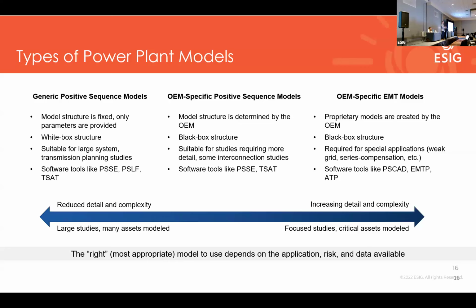It's a fixed product structure with a few switches to enable some differences in the control structure, and it's all open. They're suitable for large system studies. There are a lot of advantages to the generic positive sequence models. There are also some disadvantages.